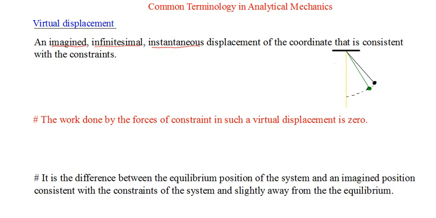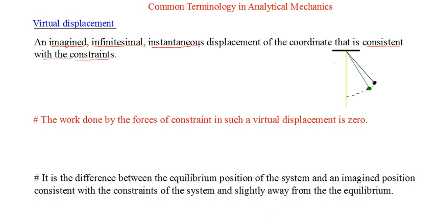Now, the most important thing that you have to note is that this type of displacement should be consistent with the constraints of the system. What is the meaning of consistent with the constraints? It means these displacements in no way can affect the already present constraint. It should not disturb the constraints.